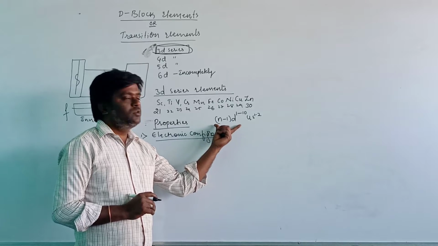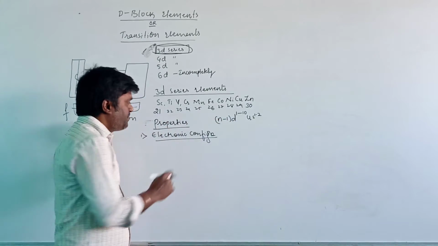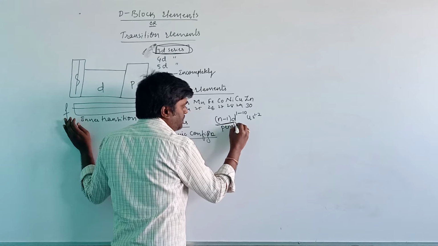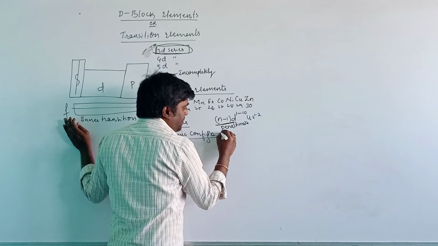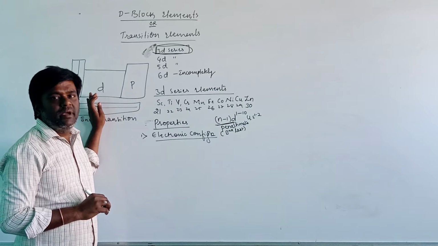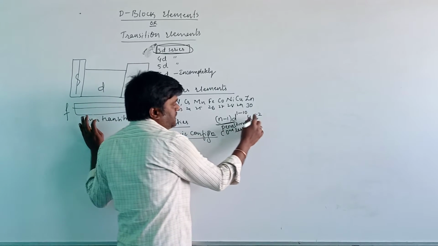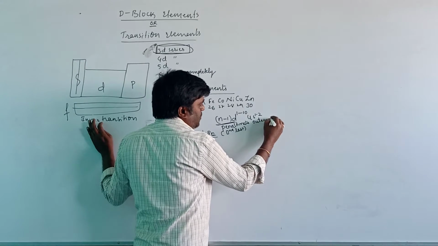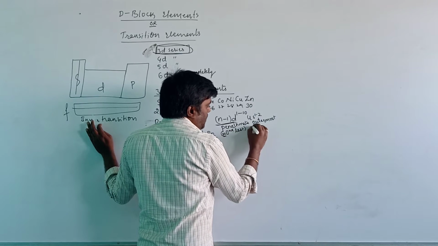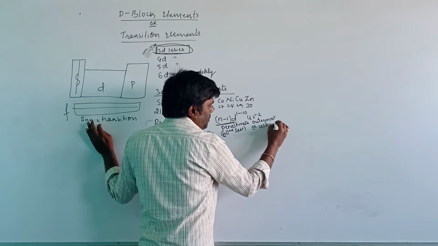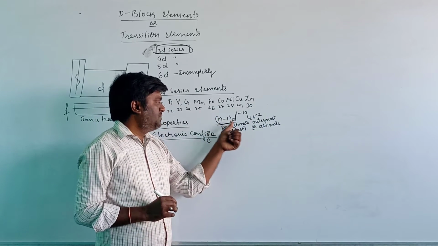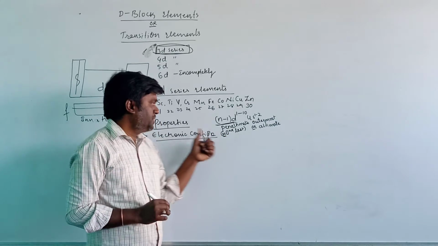Here n minus 1 is the penultimate orbit, or second last orbit, known as the (n-1) d orbital, whereas 4s is the outermost orbit, or we can call it the ultimate orbit.